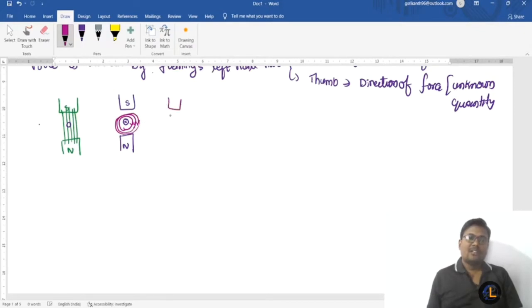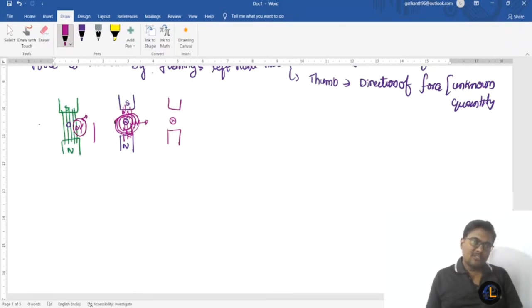If these two are interacted, the flux lines are coming like this. Here it will be downwards. If you observe this, these flux lines are in this direction. The number of flux lines in this direction is produced by the magnetic field. When the flux produced by the conductor is in the opposite direction, then both are cancelled.